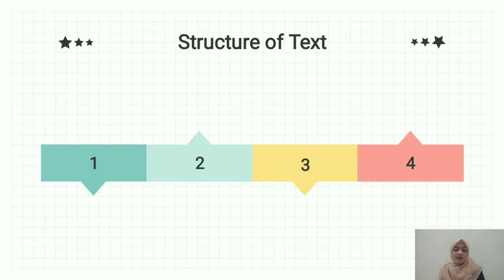The structures of the text itu ada yang pertama adalah title. Sebenarnya boleh ada dan boleh tidak ada ya, but mostly people write the title about the analytical exposition text. Mereka tahu apa sih yang sedang dibahas dalam teks tersebut.